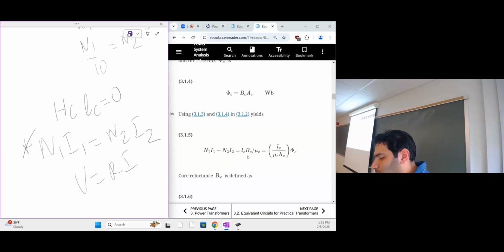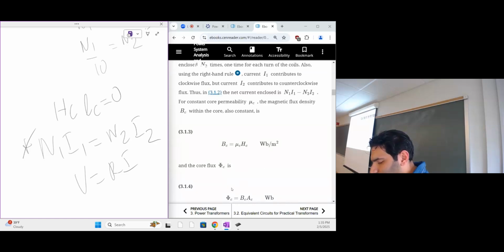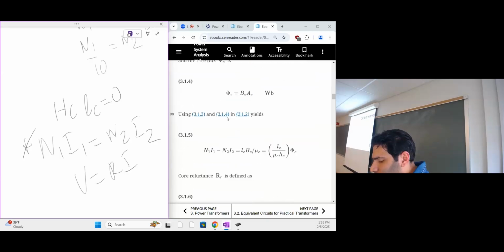And then you put the values that we got from here, from this one and this one. Like you put B in its terms here, and the phi, and you put that in this equation. So you'll obtain this form. So as I have said, this is the goal, to have N1 I1 equal N2 I2, which means this should be 0. In which case this would be 0.